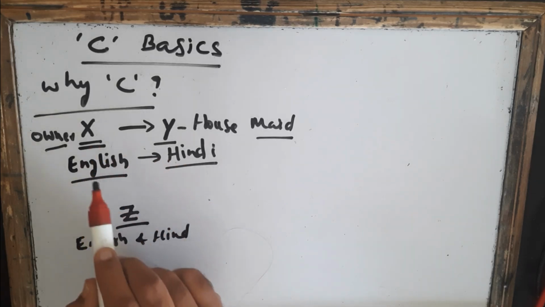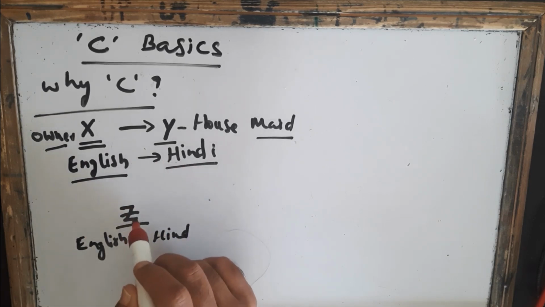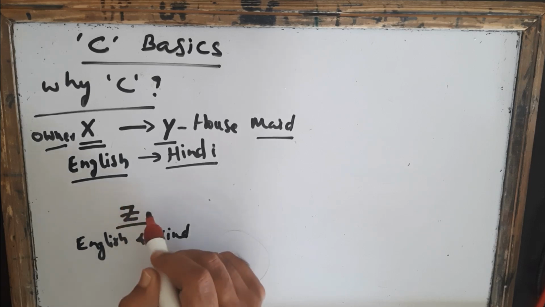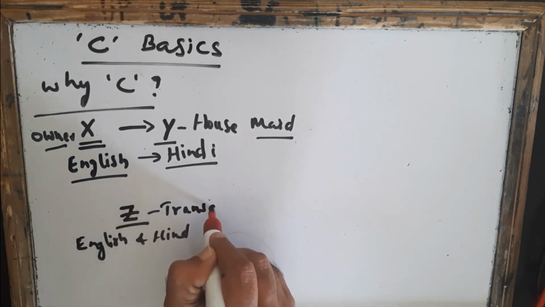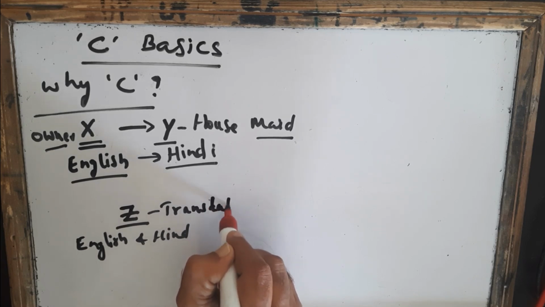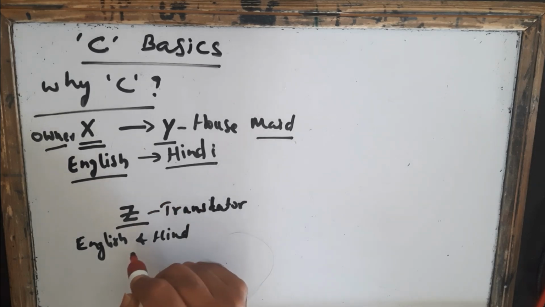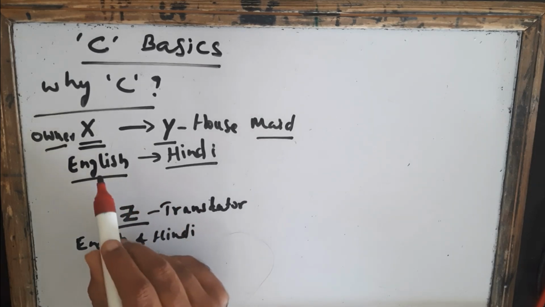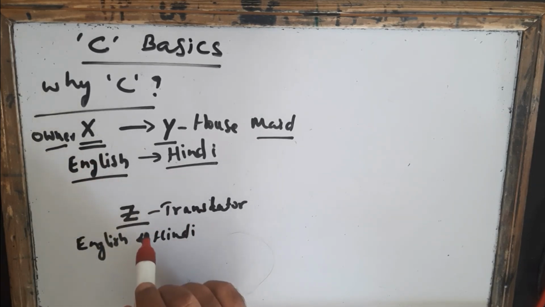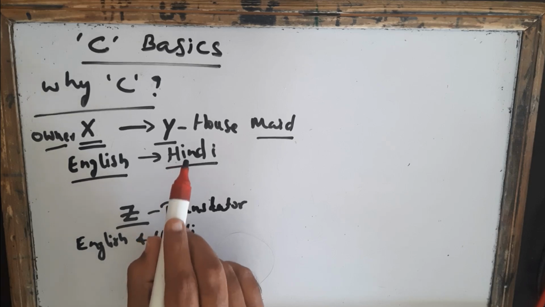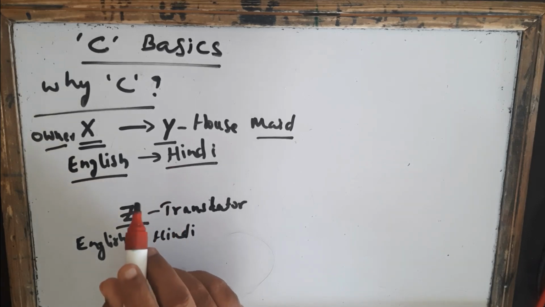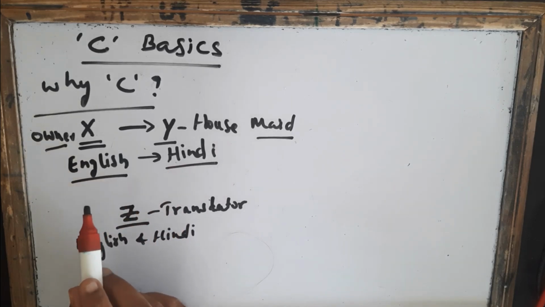So X thought, okay, let's use this guy Z as a translator, English to Hindi, so that X can give instructions to Y that he understands in Hindi using the translator.